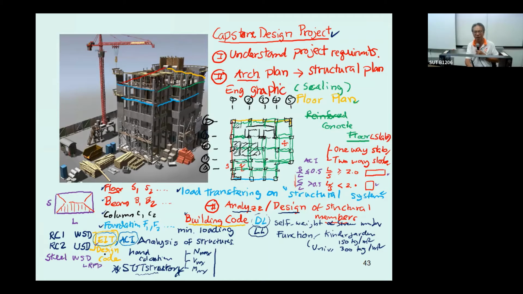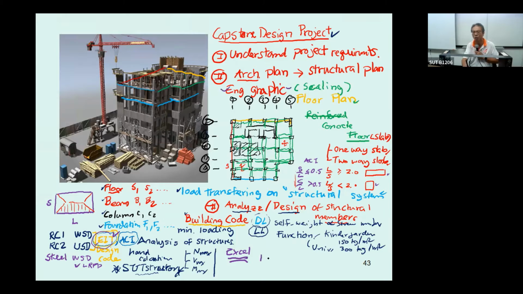That is another way based on this design code. So you may put all the designing procedure into software like Excel to help you design the structure. And then again, go back to the engineering statics.